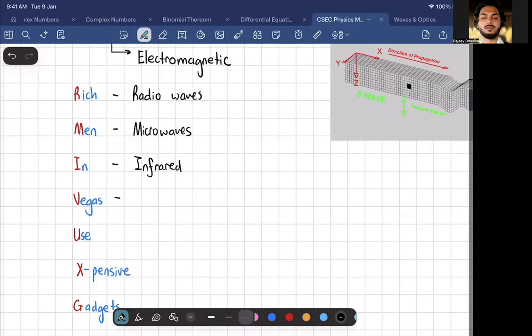V. The best hint I could give is you could see it. Visible light.